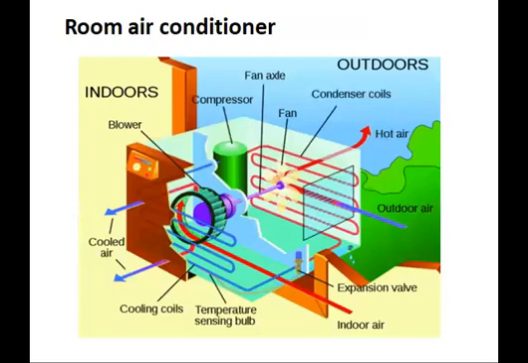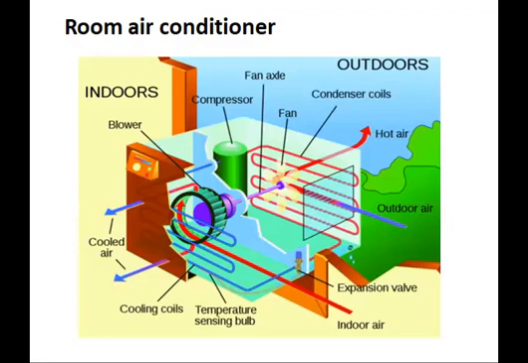One more application is the room air conditioner, and its working is similar to a refrigeration system, but here we remove the heat as well as control the humidity also.